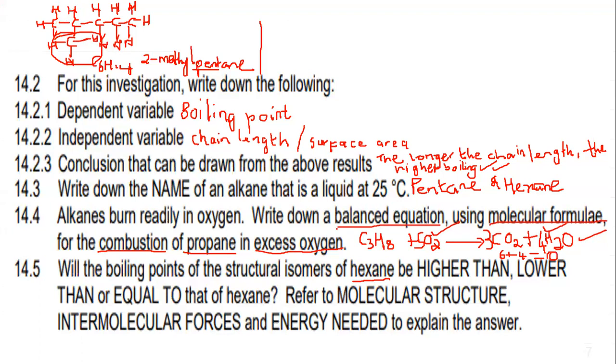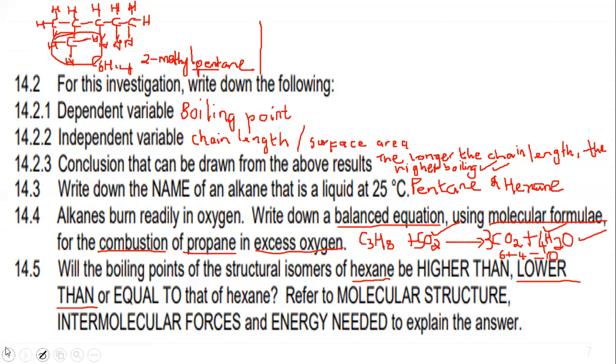Hexane will have a longer chain length, so it will have a high boiling point. 2-methyl pentane has a shorter chain length because it is branched, so it will have a low boiling point. In other words, this isomer will have a boiling point that is lower than that of hexane.